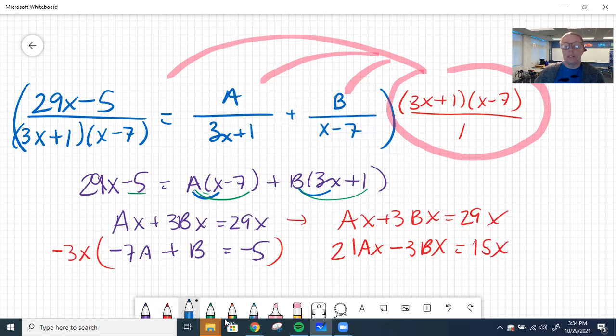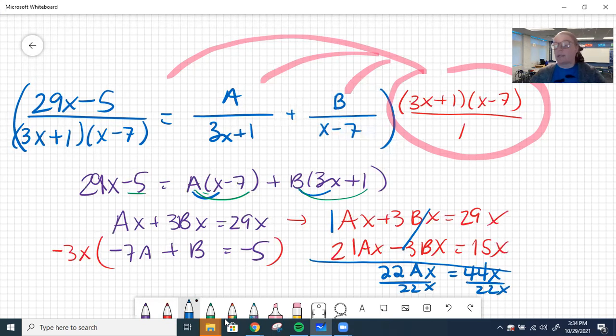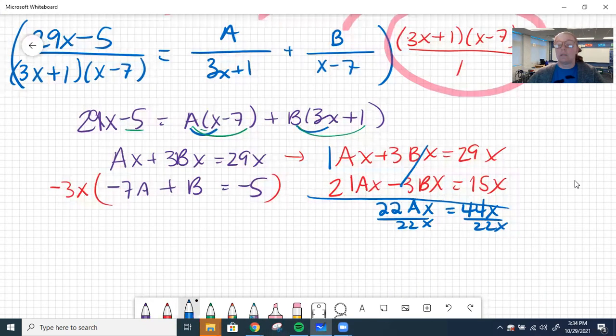Okay, so the whole reason I did that is now these are opposites. So then I have 22ax equals 44x. And then if I divide off this 22x, I get that a is 2.